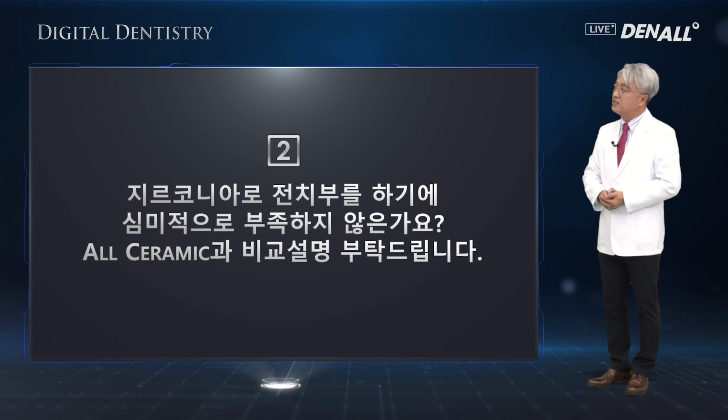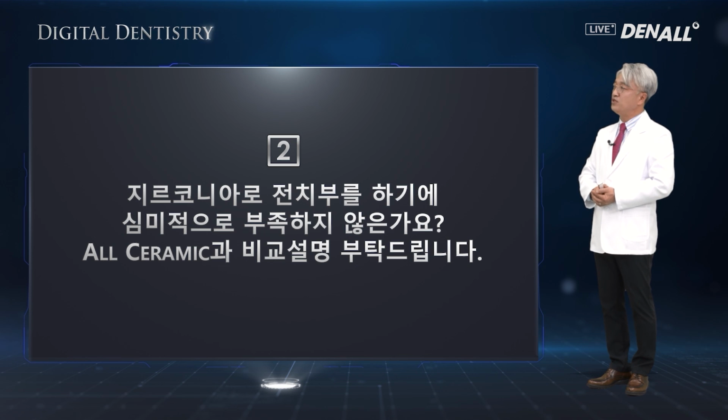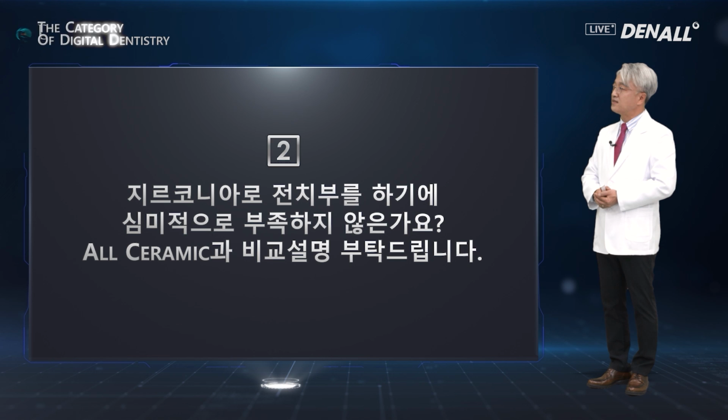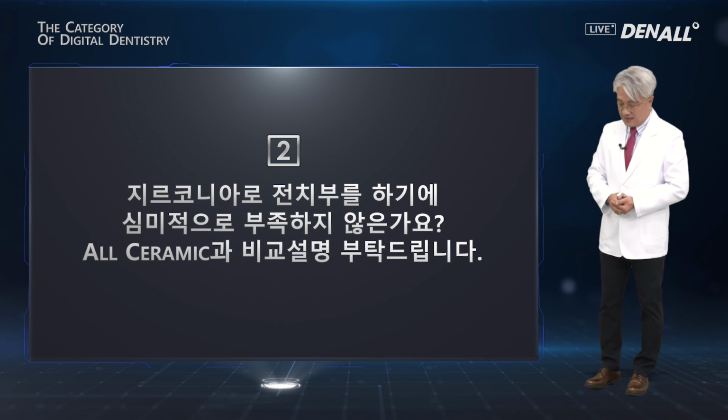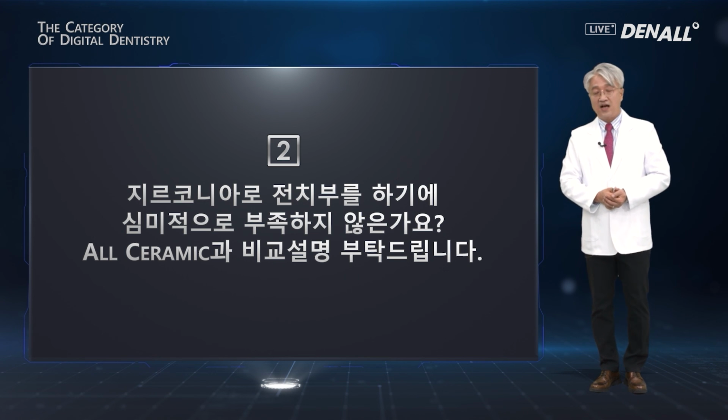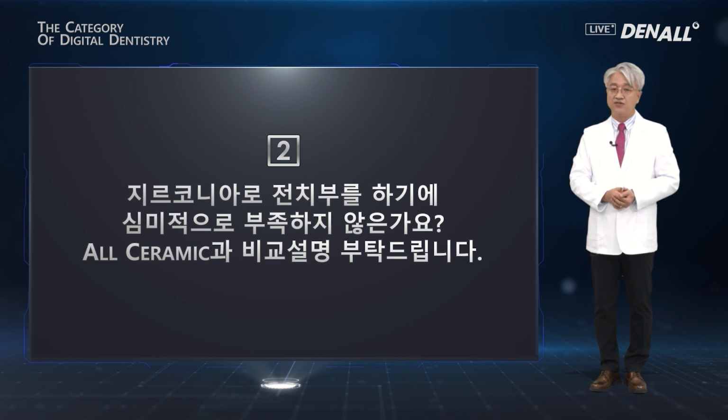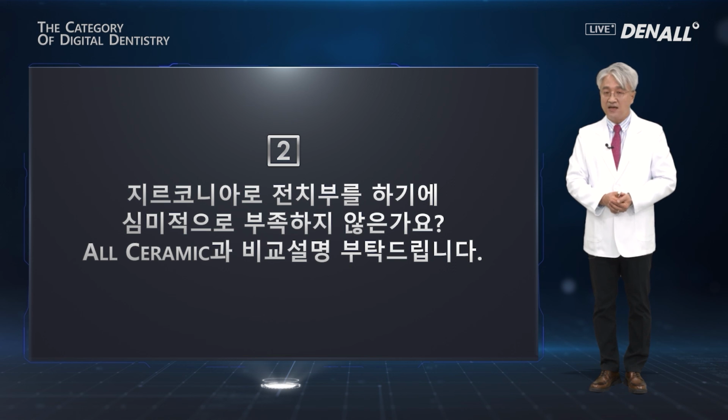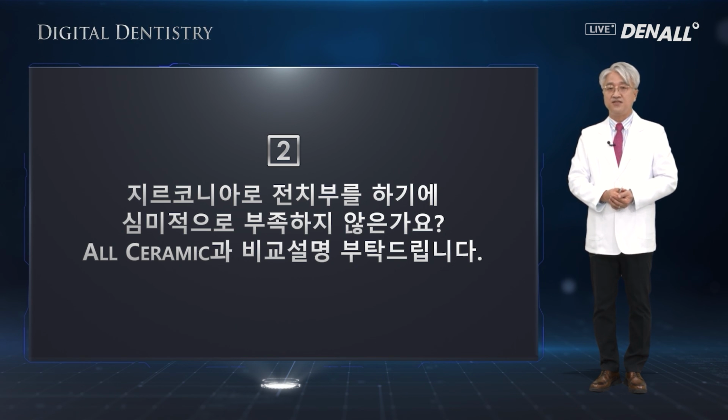Second question, is zirconia aesthetically good to be used in the anterior? Could you compare that to all ceramic? Now, I talked about zirconia, and I said that with trans block or gradation block being available, zirconia can now also be used on the maxilla anterior side.